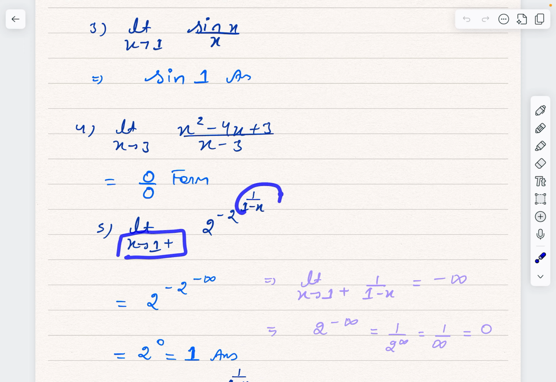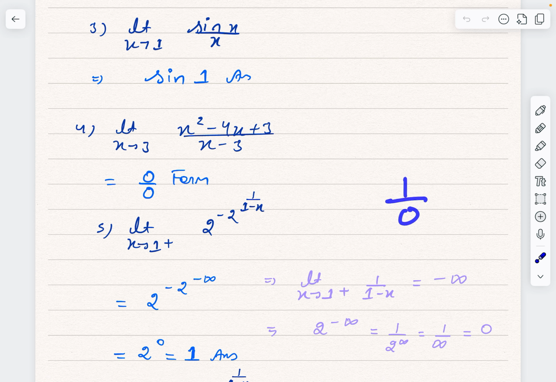If x tend to 1 positive, look at 1 over 1 minus x. If x is slightly more than 1, then 1 minus x will be slightly less than 0. And if you take 1 by 0, it will be infinity. But if it is 0 negative, that means the value is 0 but from the negative side. So the value will be minus infinity.